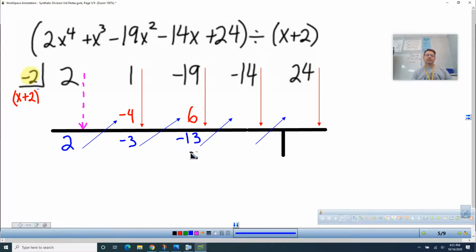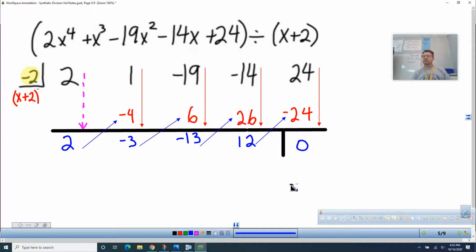Okay. All right. Now we've got negative 2 times negative 13. That's going to give me positive 26, right? Positive 26. Now we're going to add. So multiply, add, multiply, add, multiply, add. And that's going to give me positive 12. Okay. And then 12 times negative 2 is negative 24. Add those, and we come up with a 0.